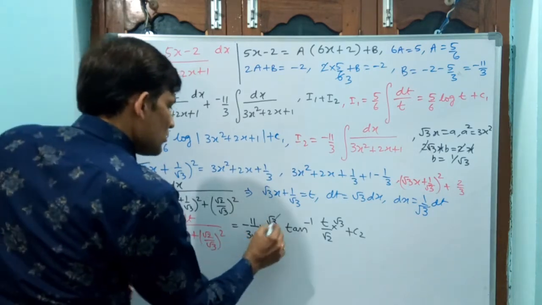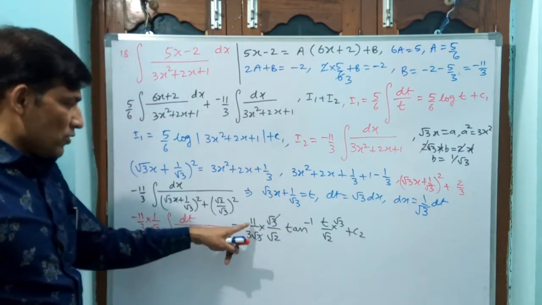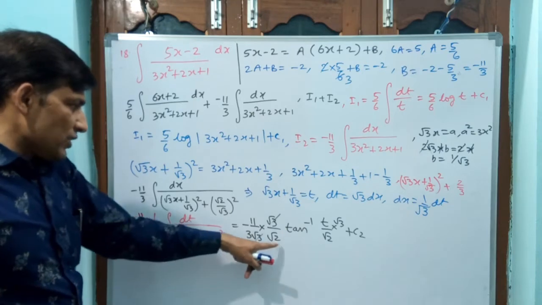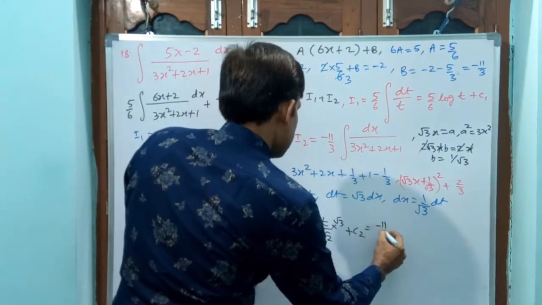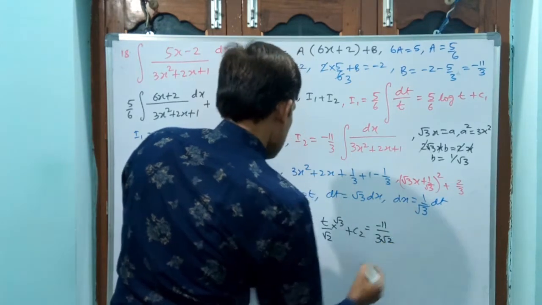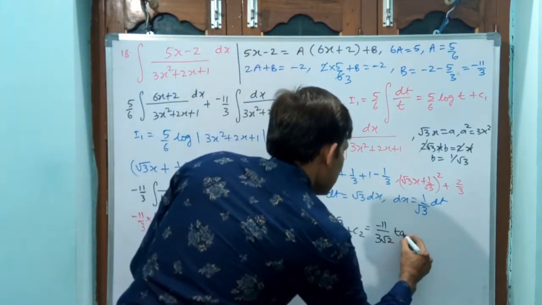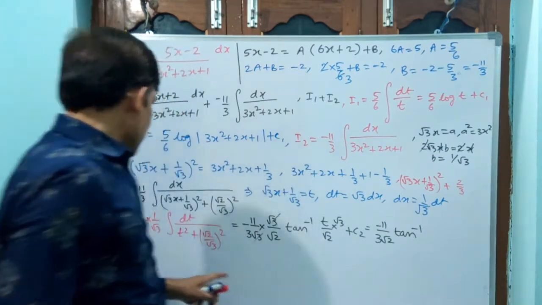See, root 3 you cancel. See, minus is there still, you don't forget. Minus 11 by 3 root 2 will come here. But here what will come? Minus 11 by 3 root 2 tan inverse. See, t will be how much here?